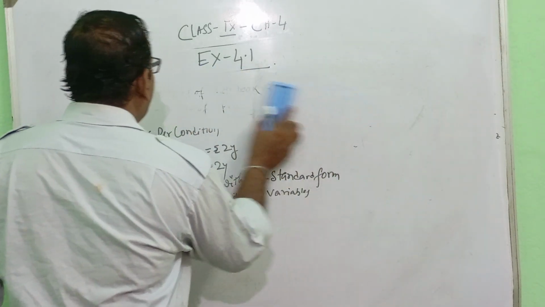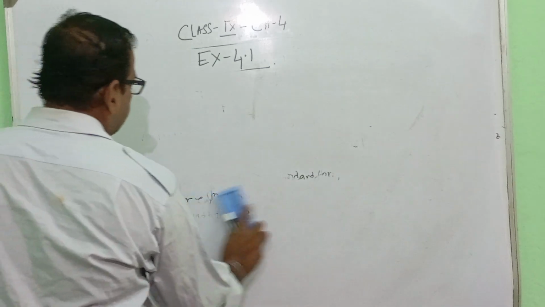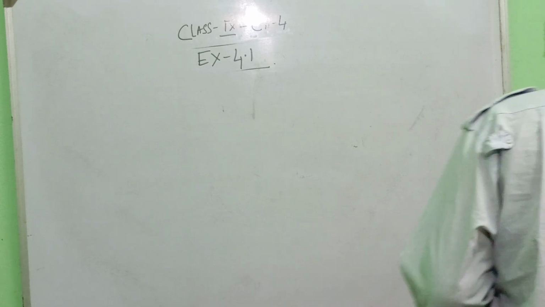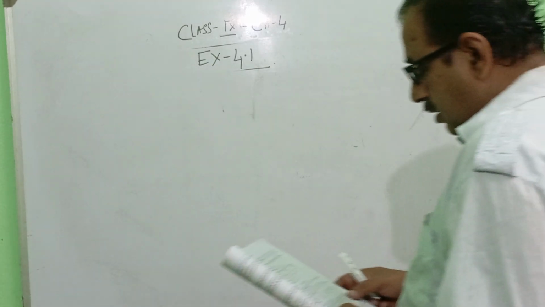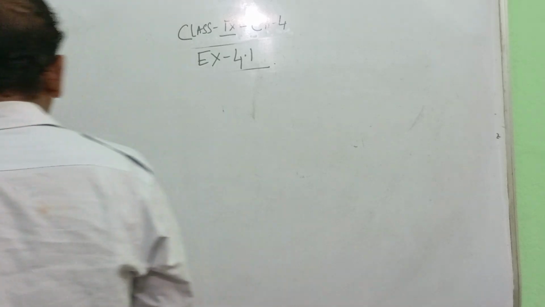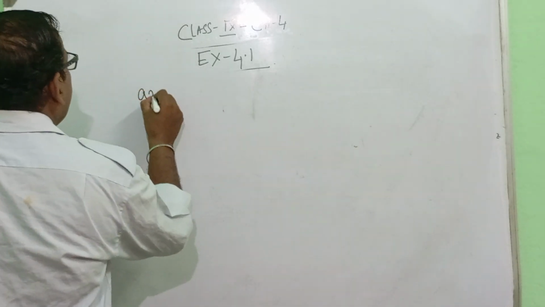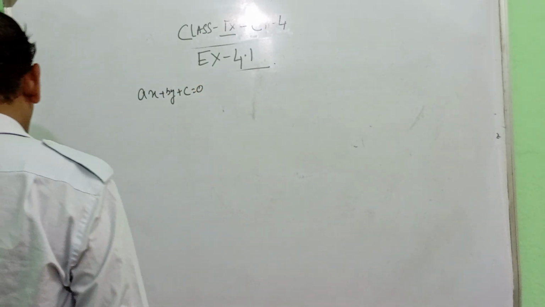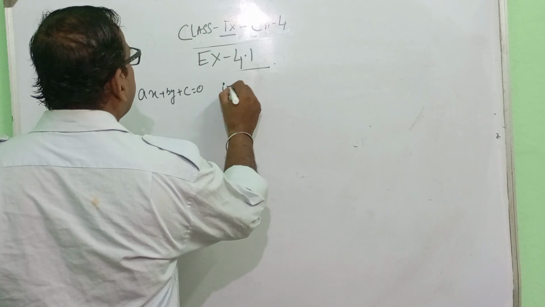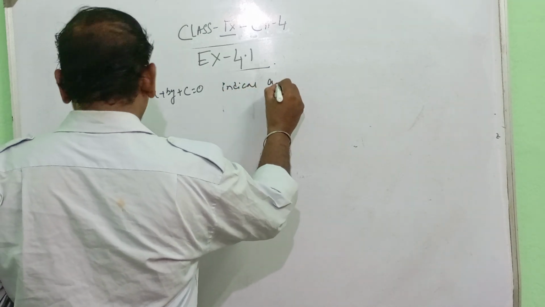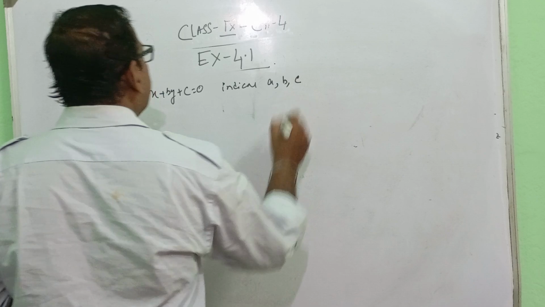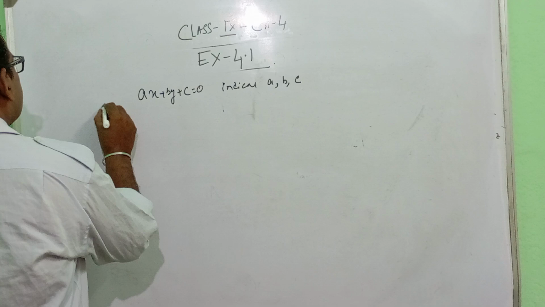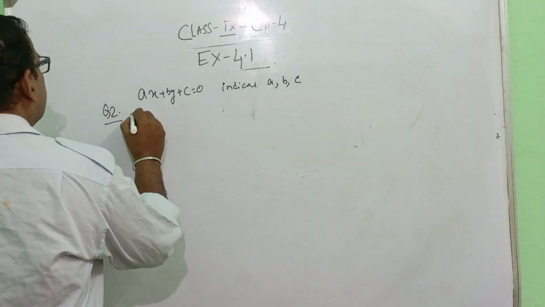Now question number 2. They have said to express the following equation in the form of ax plus by plus c is equal to 0 and indicate a, b, c. I have started with question number 2, the last one.